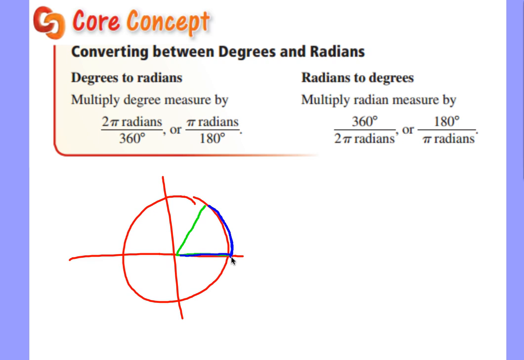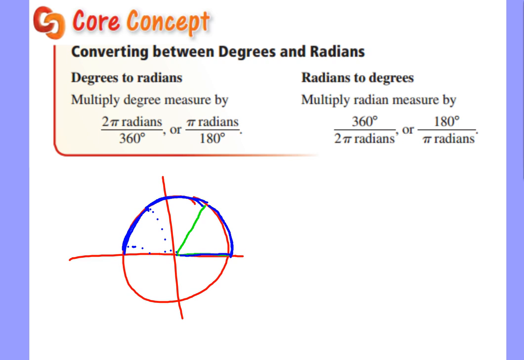If I were to take that arc again, that would give us 2 radians of measure, and if I take that same arc again, we would get 3 radians, and so on and so forth. Radians are just a different way to measure angles, and again, we really need to make sure that we look at that video before.